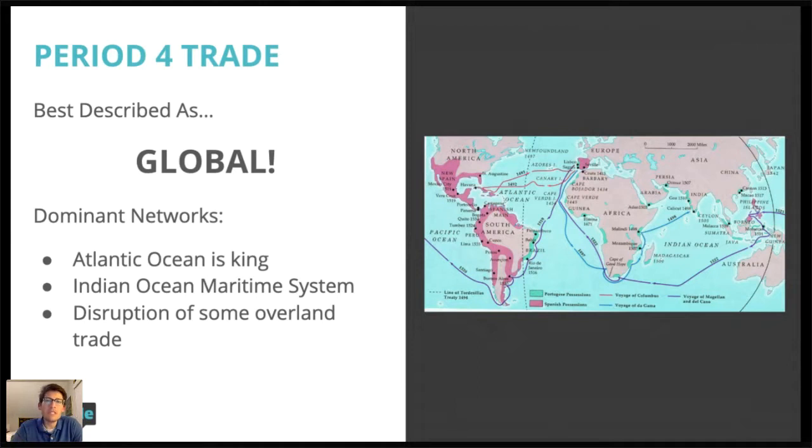There is some disruption of overland trade. The Silk Road will start to fall into disuse. But there still will be some trade over the Silk Roads. There still will be some trade over the Trans-Saharan networks. There still will be trade in overland networks. But this is really where maritime trade takes off, and we start to leave overland trade behind.